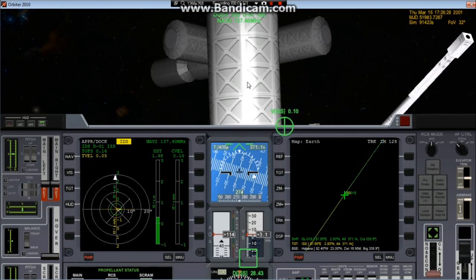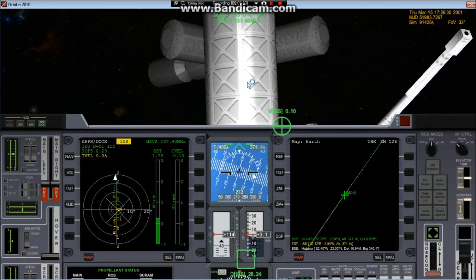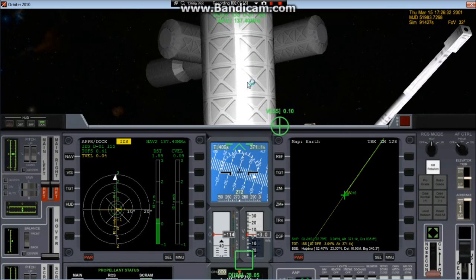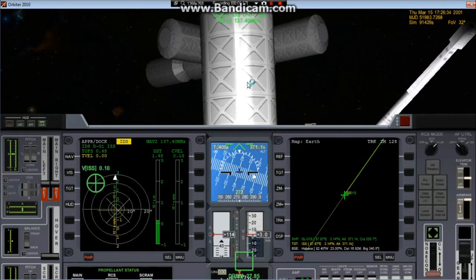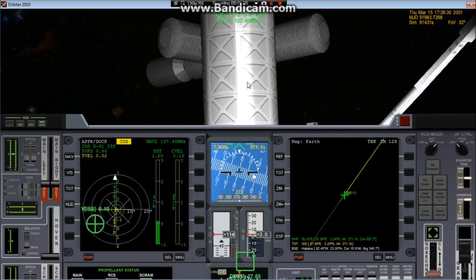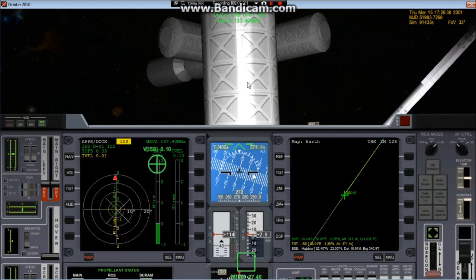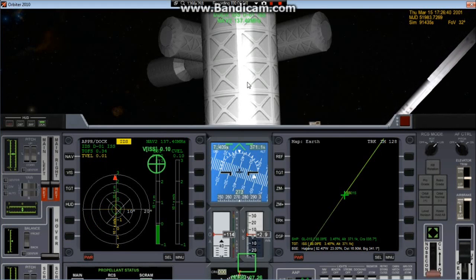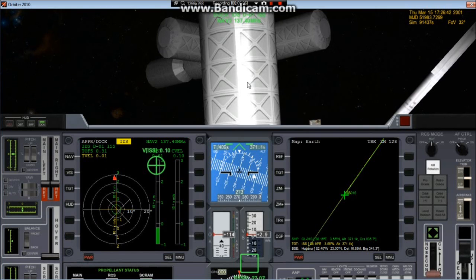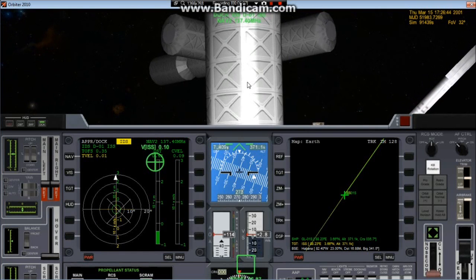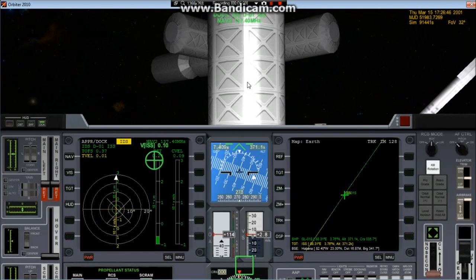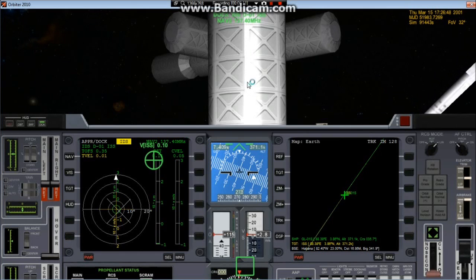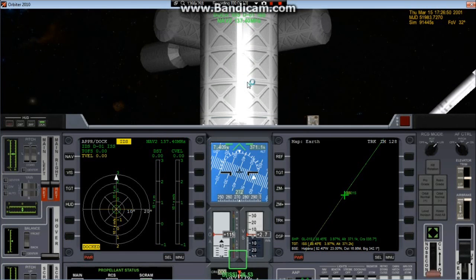Rotation. Translation. Performing the last maneuvers now. Rotation. This other way. Translation. Okay, contact.